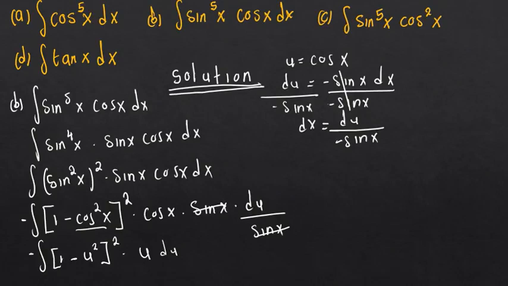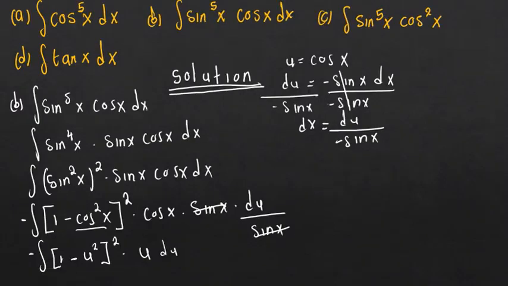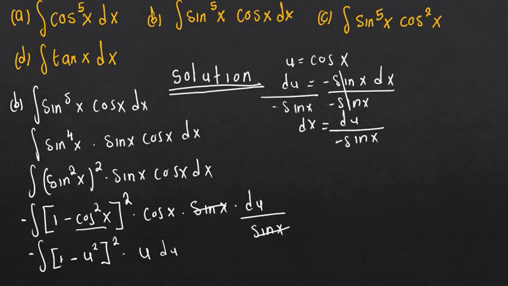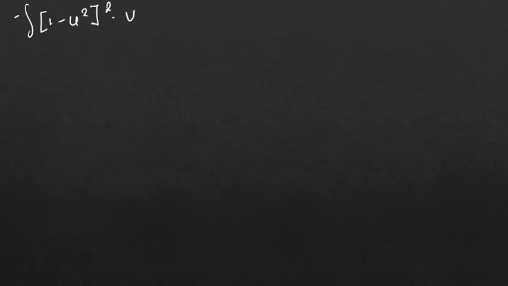So if we do that, we have negative integral of 1 minus u to the power 2, then u du.